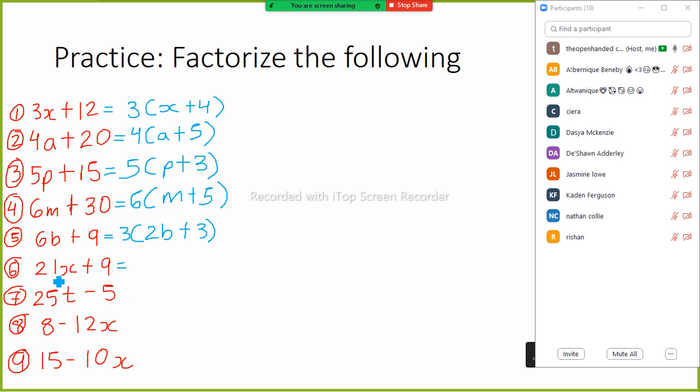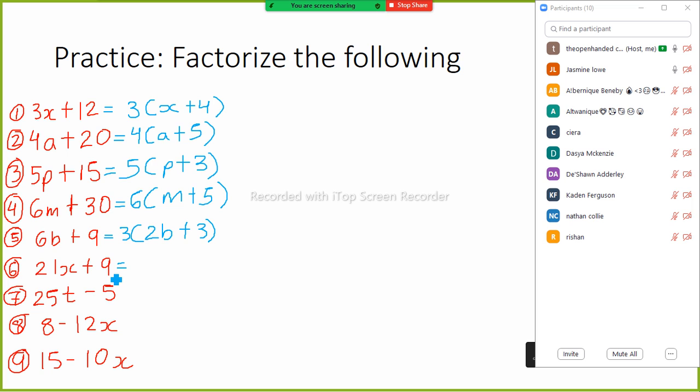Jasmine, number 6. That can't go into 9. No, can't use 9, so what could you use? How about 3? 21 and 9, both of them, we could use 3, right? Yes.